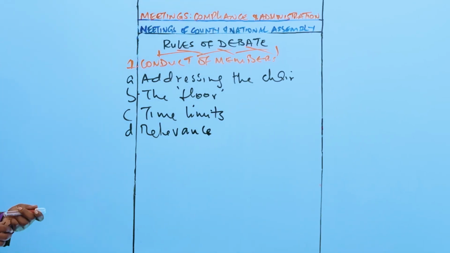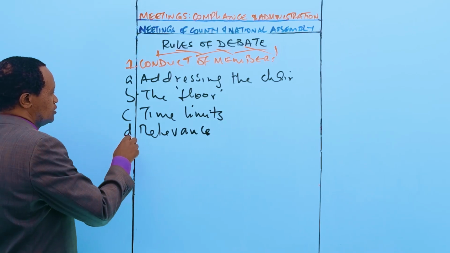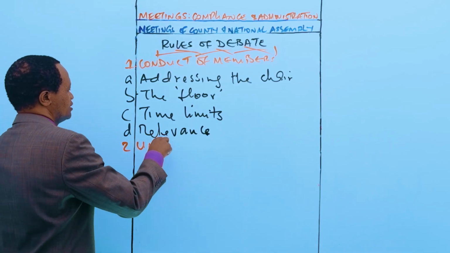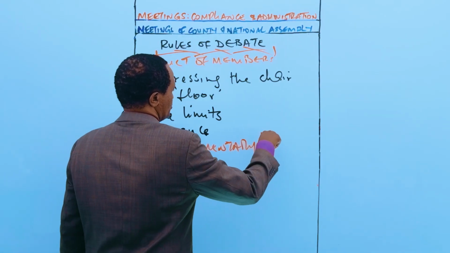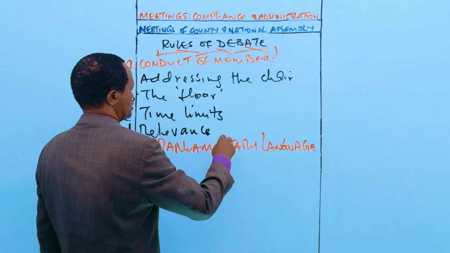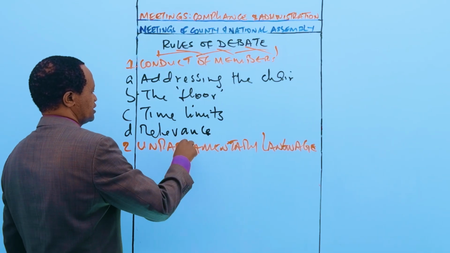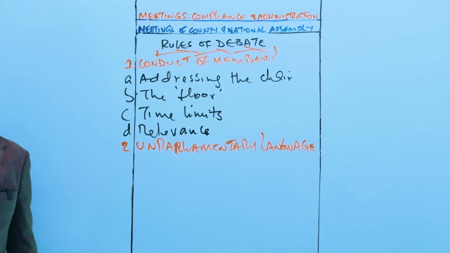Then number 2, we have forbidden conduct or unparliamentary language. That is the second category.